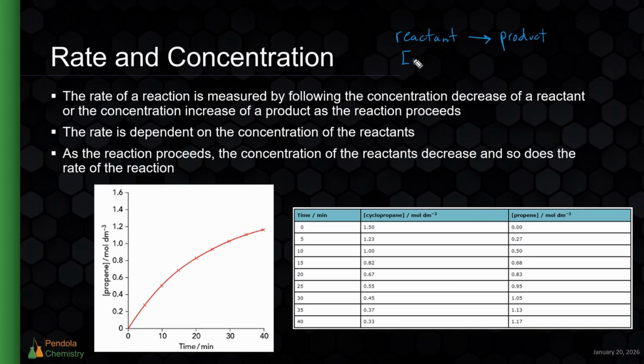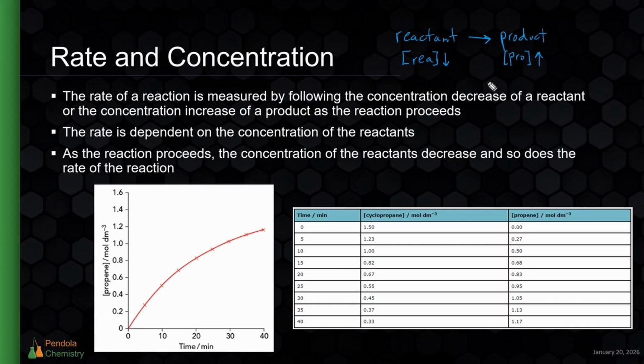So the concentration of the reactants over time is going to decrease, whereas the concentration of the products over time, and remember brackets mean concentration in chemistry, is going to increase. So as the reaction proceeds, reactant concentration goes down, product concentration goes up.